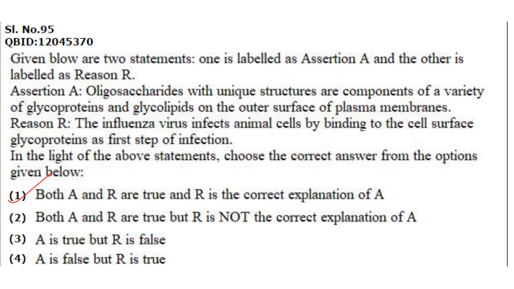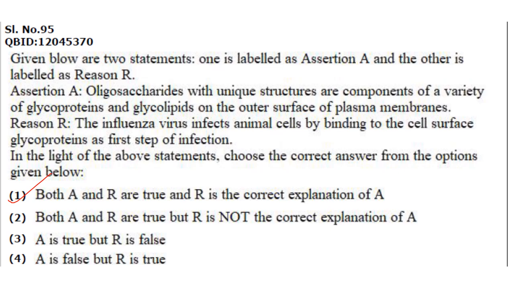Then next one. Given below are two statements. One is labeled as assertion A and the other is reason R. Assertion A: Oligosaccharides with unique structures are components of a variety of glycoproteins and glycolipids on the outer surface of plasma membrane. So that is correct.